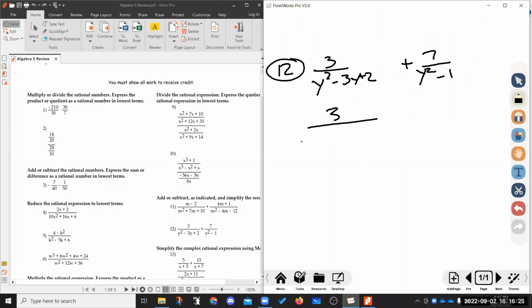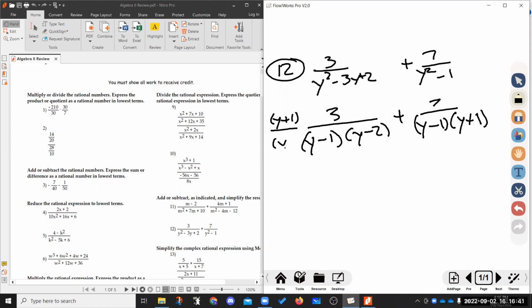Three over y minus 1, y minus 2, plus 7 over y minus 1, y plus 1. This one's missing y plus 1. This one's missing y minus 2.